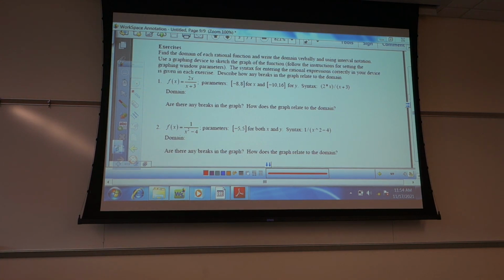The first one is 2x over x plus 3, and the second one is 1 over x squared.